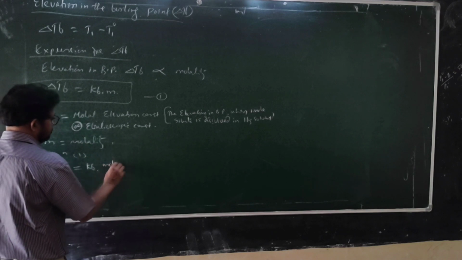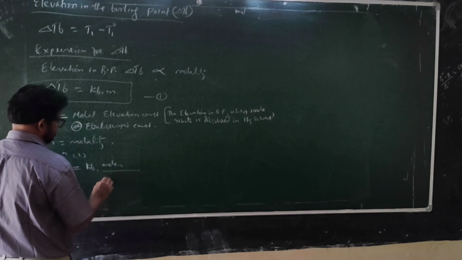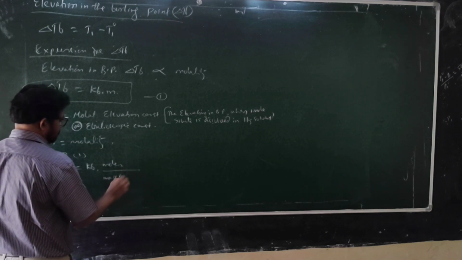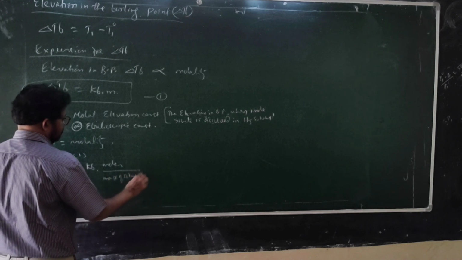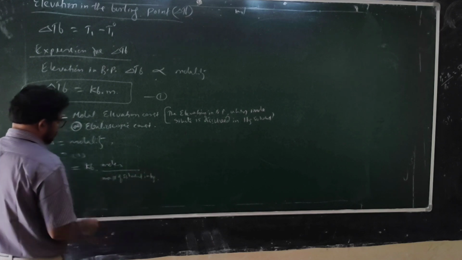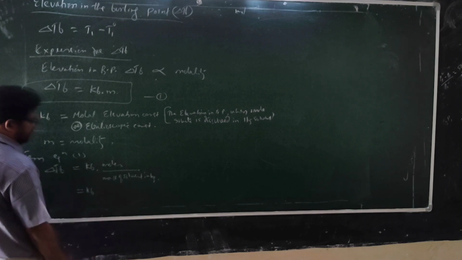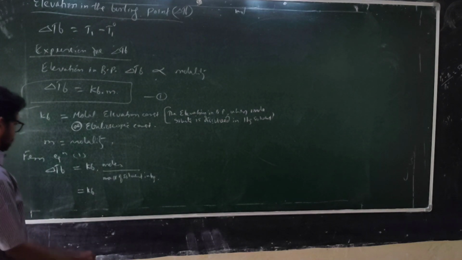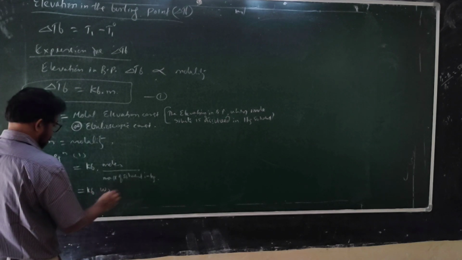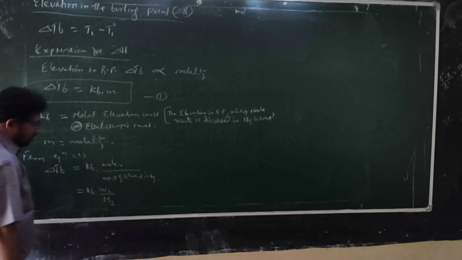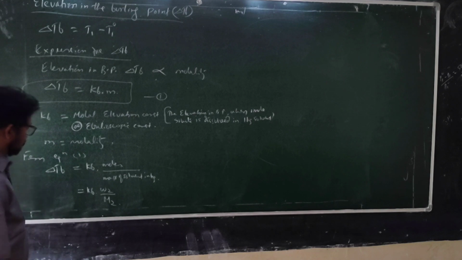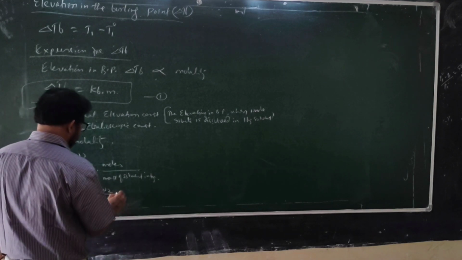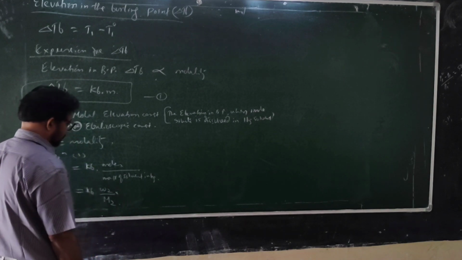Moles divided by mass of solvent in kg. So do one thing: Kb into moles, and moles can be written as mass by molar mass, W2 by M2. Mass of solvent should be in 1 kg.